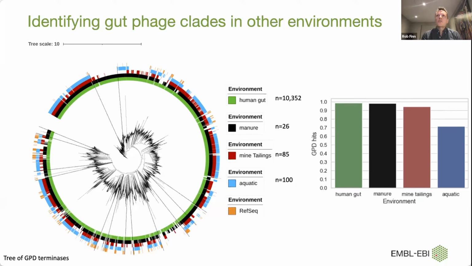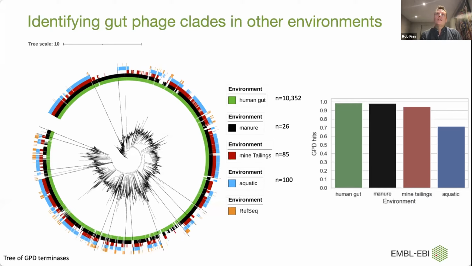This phylogenetic tree is based on that terminase gene. Around the outside are different environments: green is human gut, manure is in black, red is mining, blue is aquatic, and then on the outside is RESI, just showing you where you can pick this up.